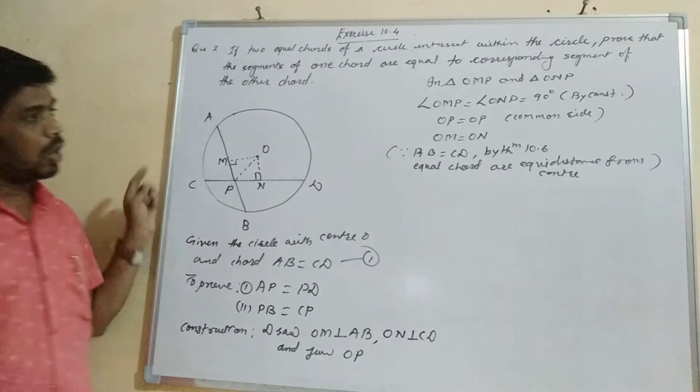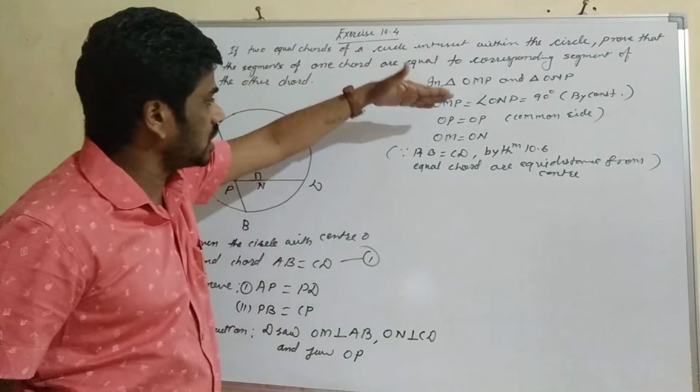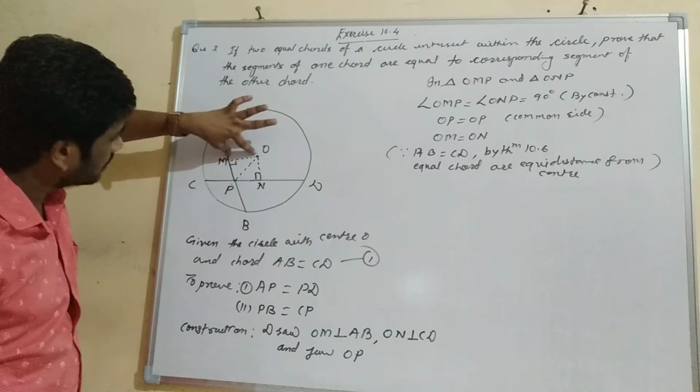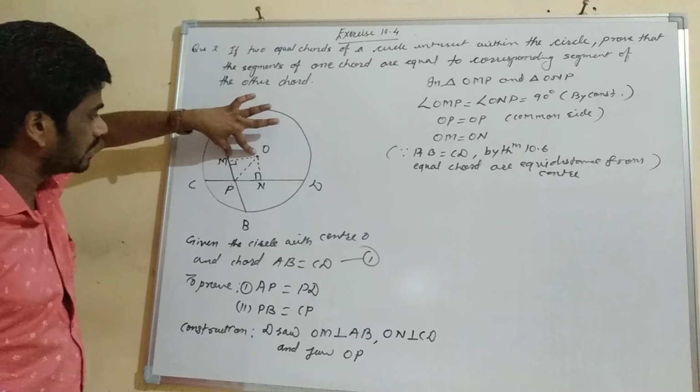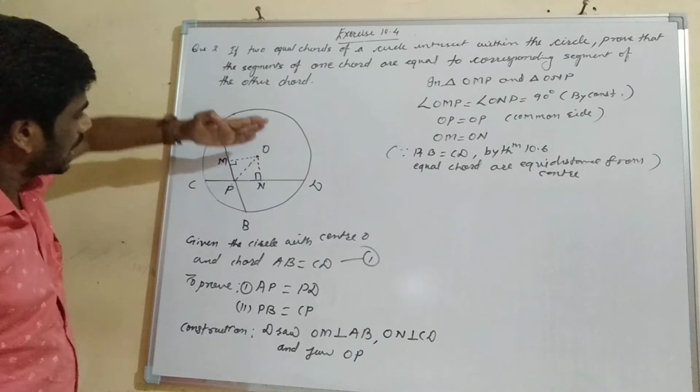Okay, so you see here, this is the right angle, this is the hypotenuse, and OM is the side.